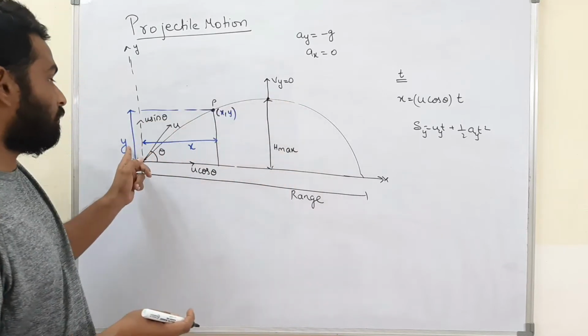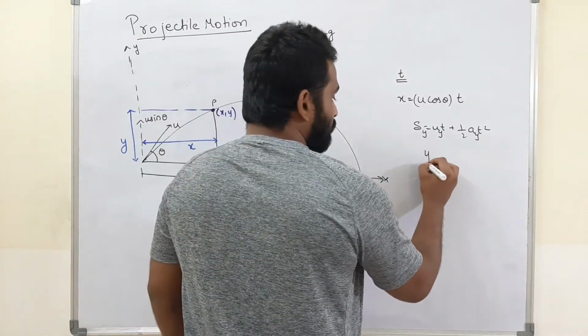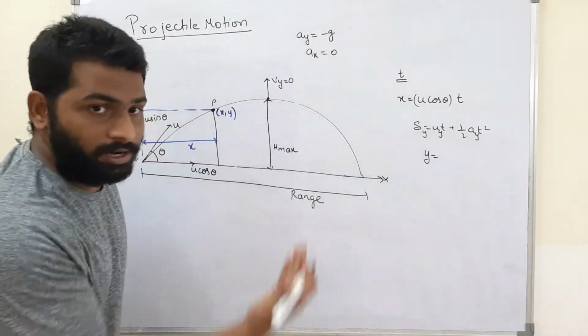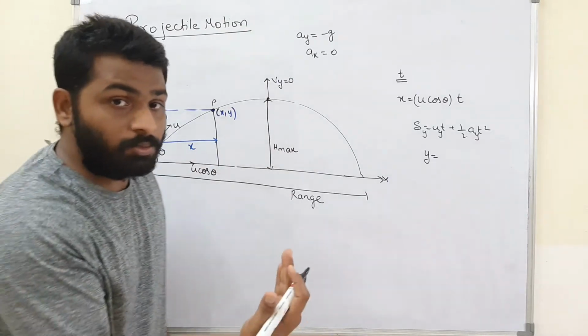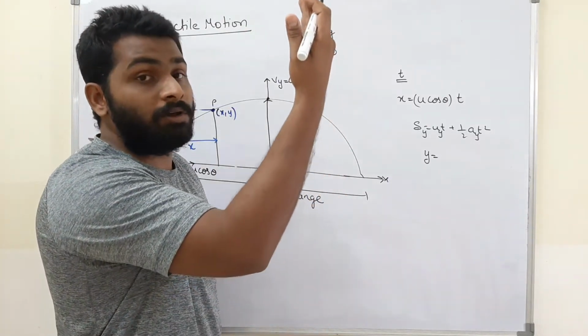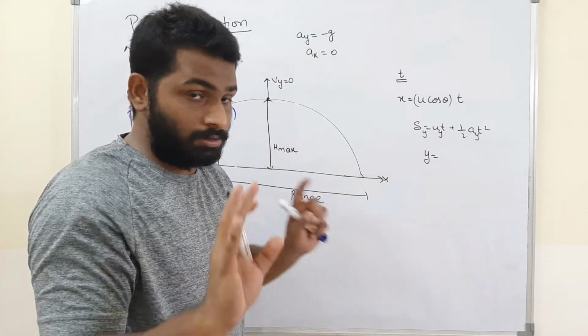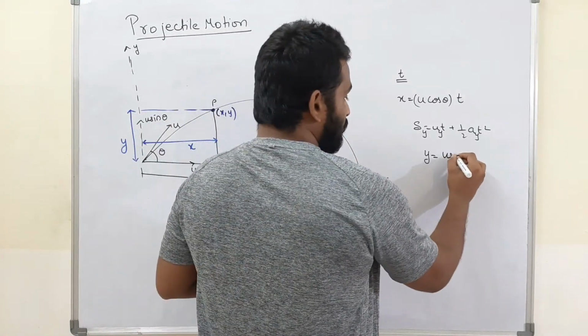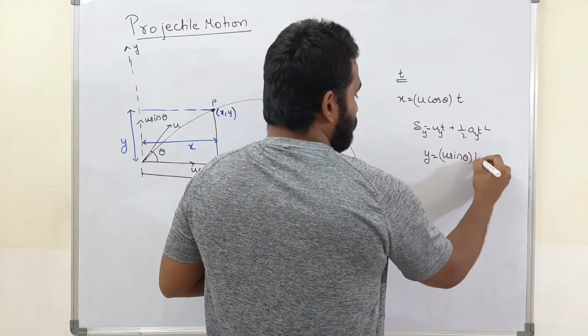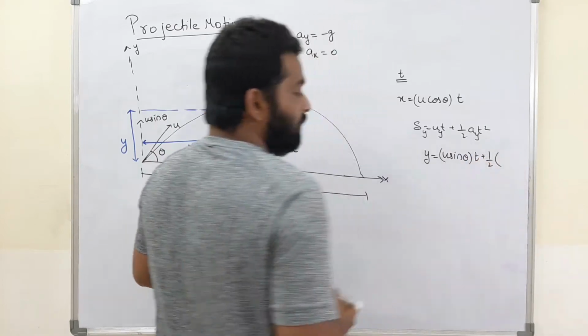How much? That is nothing but y. y is equal to, what is the initial velocity in the y direction? The body is moving up because of only the vertical velocity. If there is no vertical velocity, the body won't move vertically. Point is clear? The vertical velocity is u sin theta, so u sin theta into t plus half, what is the acceleration?